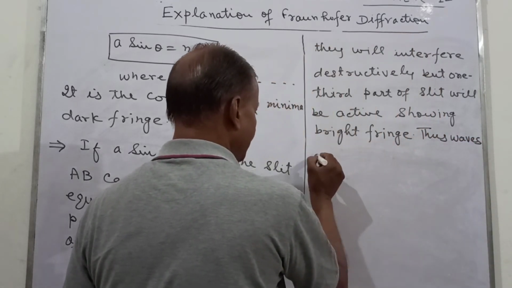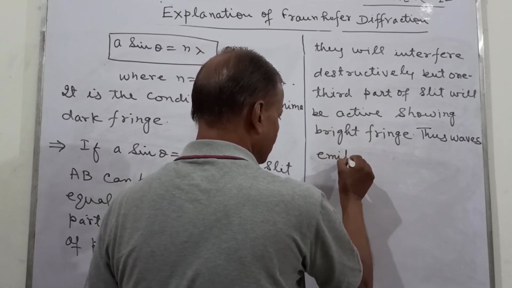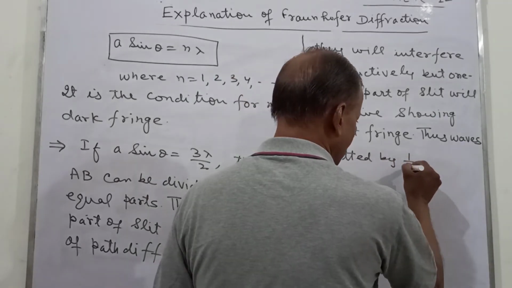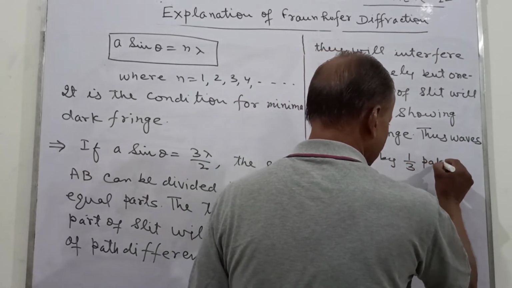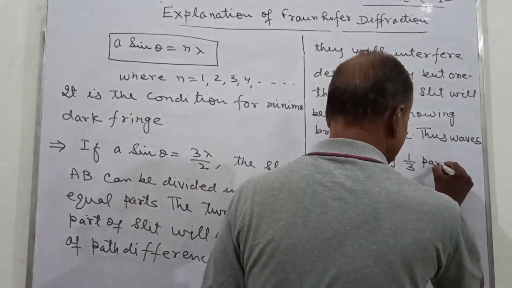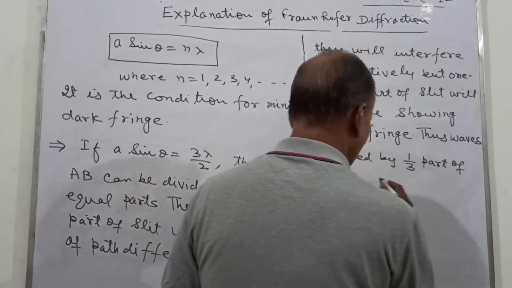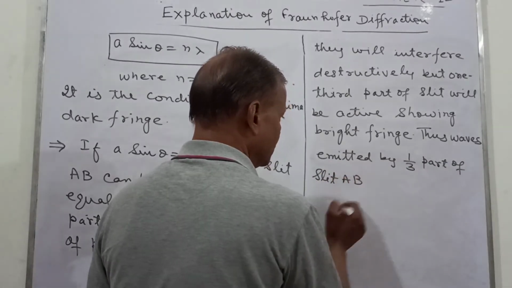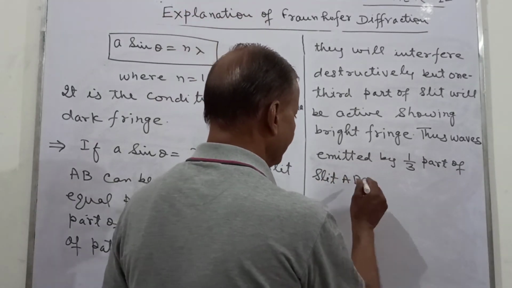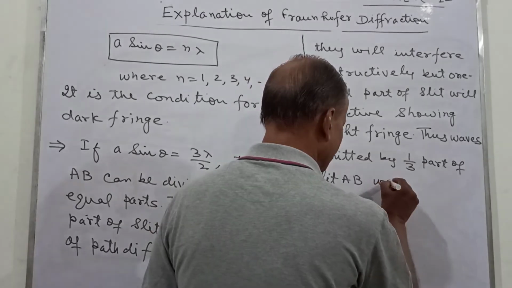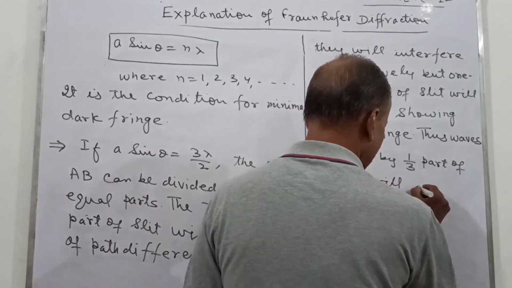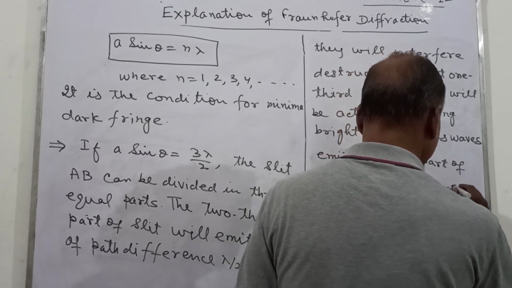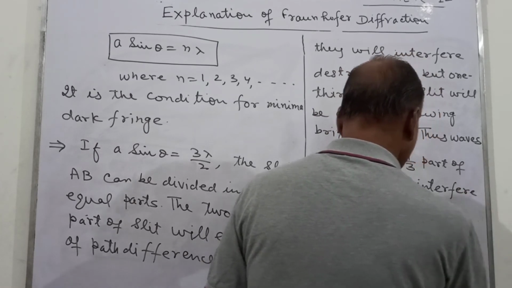Thus waves emitted by one-third part of slit AB will interfere constructively.